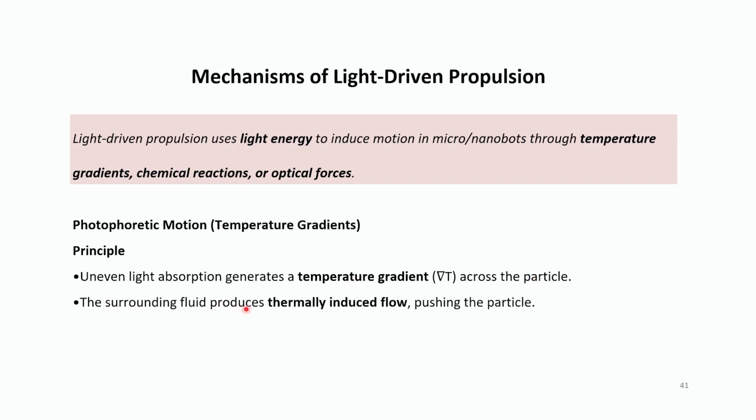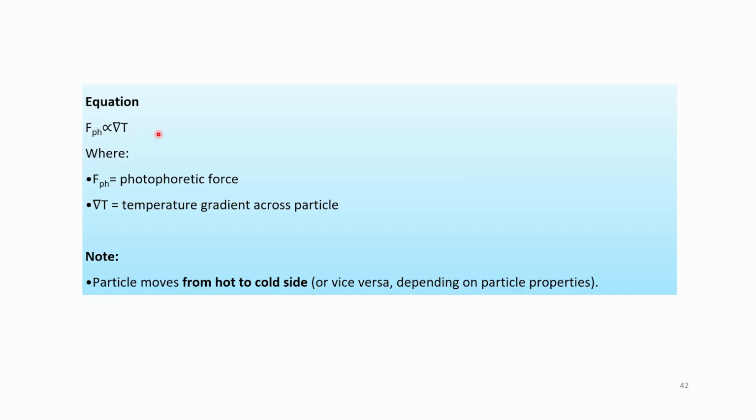So the surrounding fluid produces thermally induced flow pushing the particle. Basically it will create a temperature gradient, a cooler layer and a warmer layer, and then there will be a thermally induced flow that is going to push your particle. That's the equation for photophoretic force, where your photophoretic force is directly proportional to the temperature gradient across the particle.